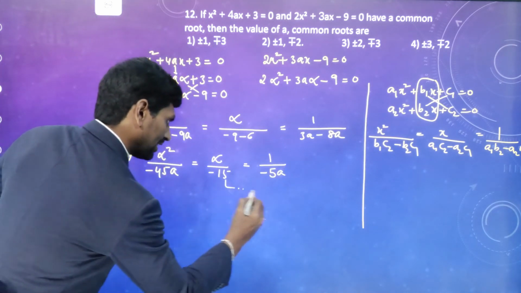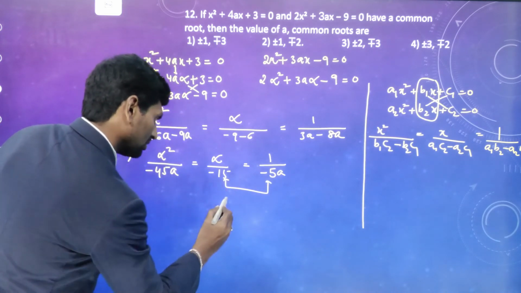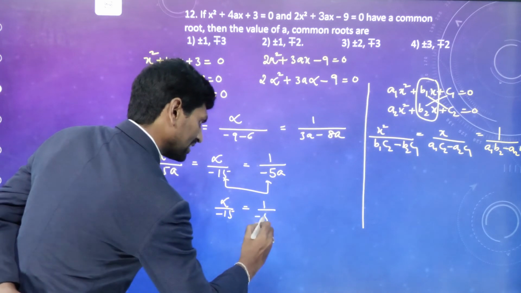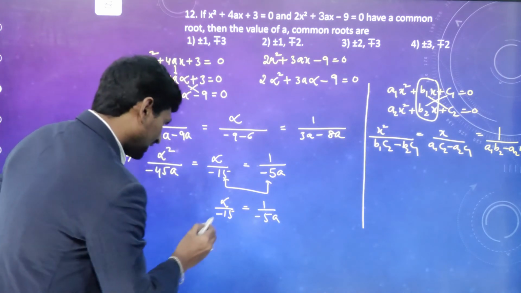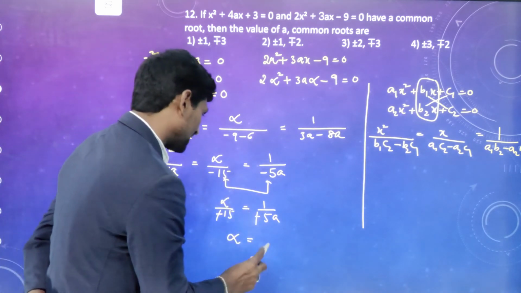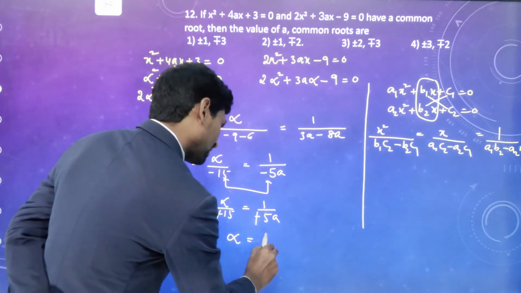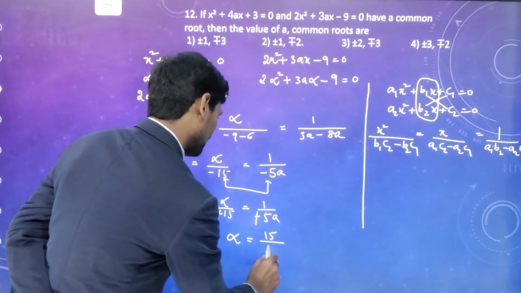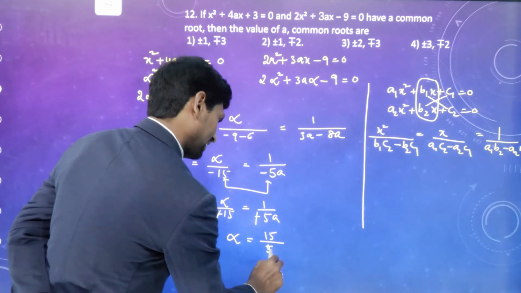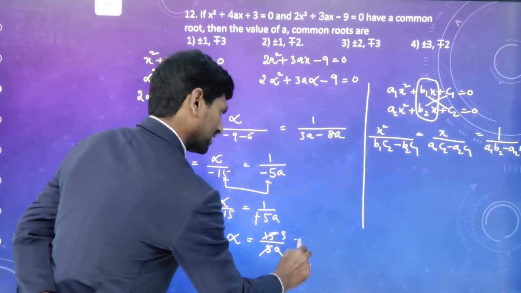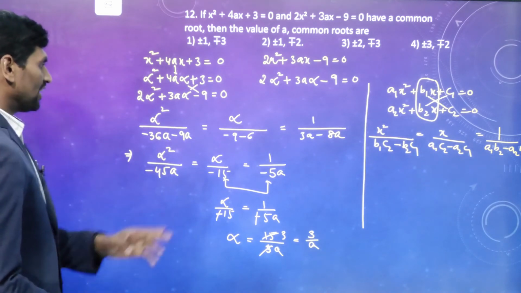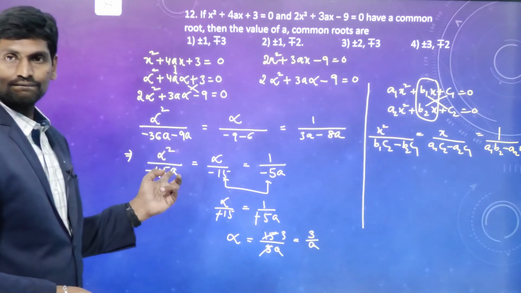Now equate both of them, these two. Alpha by minus 15 equals 1 by minus 5. Both denominators containing the minus symbol cancel. 15 is dividing, transpose that side and multiply. It is 15 by 5a. 5 times 15 is 3 times, so that is equal to 3 by a. We got the alpha value as 3 by a. That alpha value you need to substitute here.